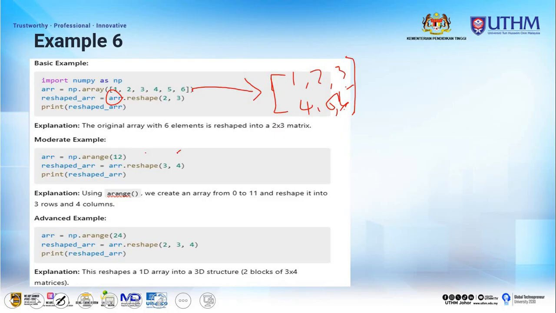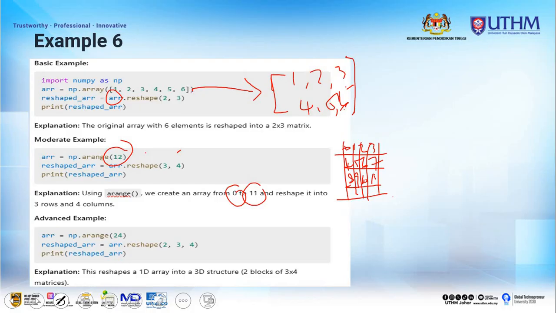So we are going to create an array with 3 rows and 4 columns. 3 rows, 1 2 3, and 4 columns, 1 2 3 and 4. So we create an array from 0 to 11. Why 0 to 11? Arange 12 here. So it can be 0 1 2 3 4 5 6 7 8 9 10 11. Got it?